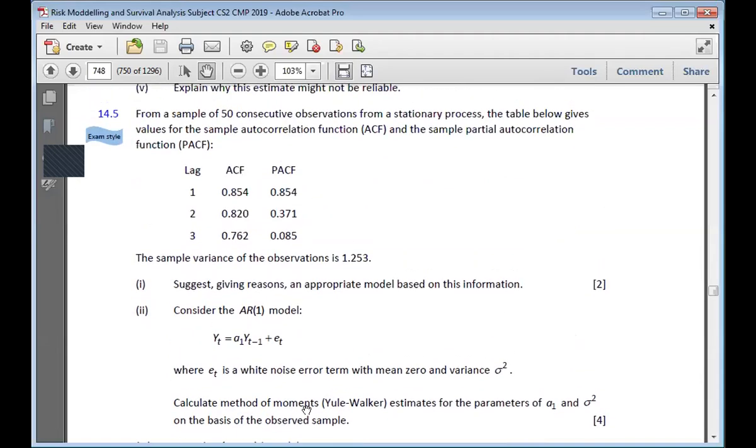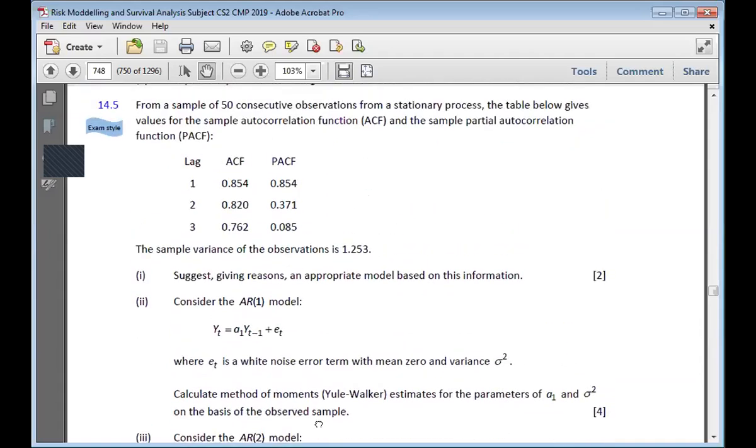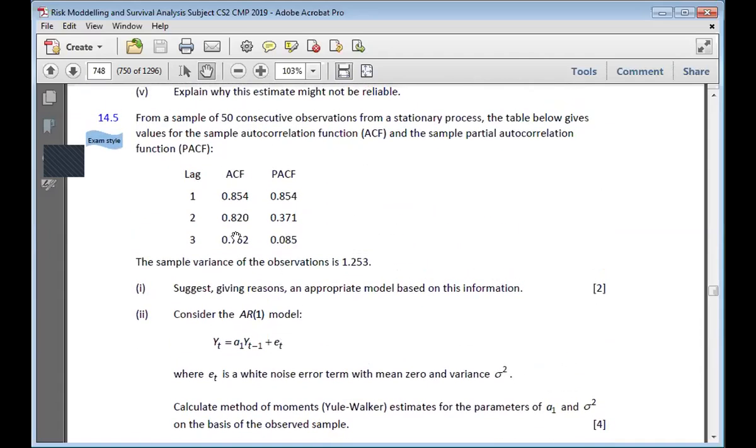We already know that this is actually a better AR2 model, but they are asking that again later. So what we are supposed to do here is just ignore these values and assume that these are the values given to us for this model. And on the basis of these values, you have to figure out the estimates for alpha 1 and sigma square. So what do you guys think you should do?